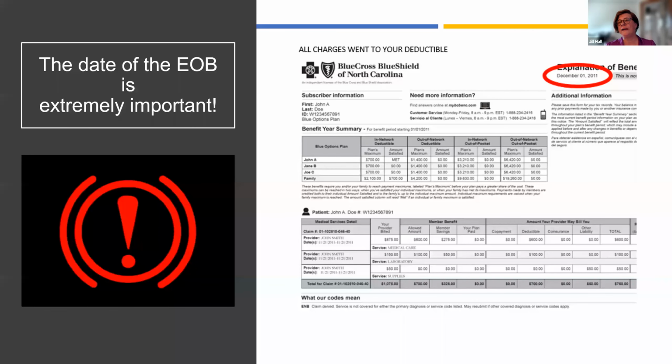Now, there's one final area of an explanation of benefits that I haven't addressed yet, and it's important. It is the date of the statement. See here, I've circled the date on this EOB. The statement date is important because the EOB statement date is considered the official notice date.